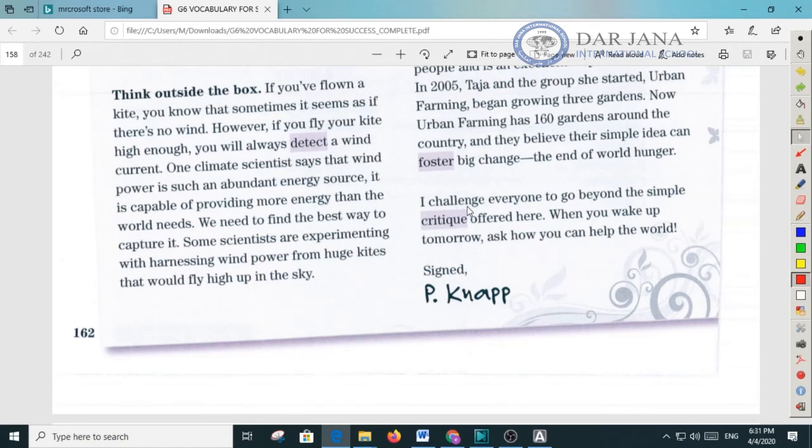Challenge would be like going against something, going in the opposite direction. Everyone go beyond the simple critique. So, critique could be examine or something, going against a problem, going against any issue that has been found based on here. Context clues. Challenging everyone to go beyond the simple critique.